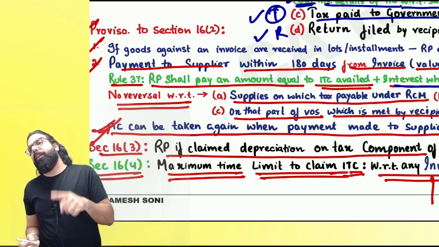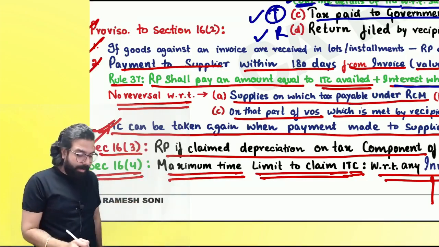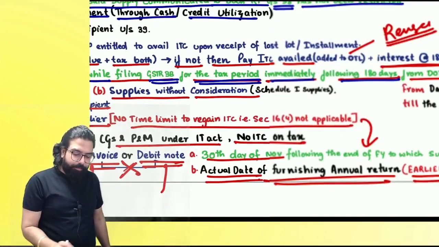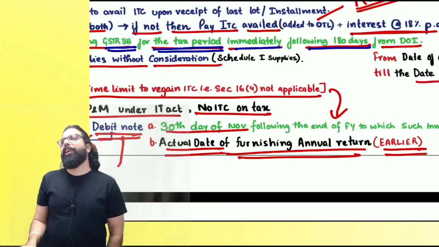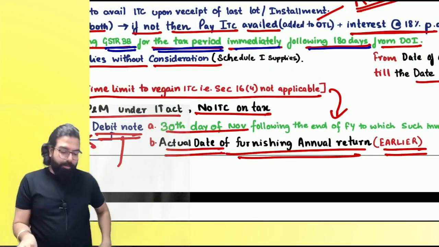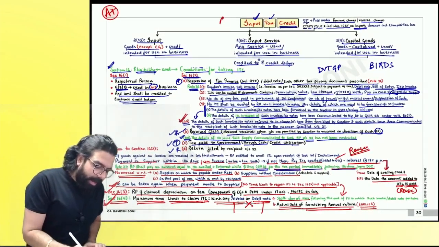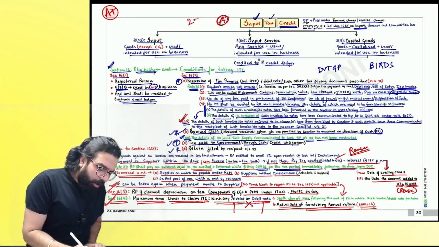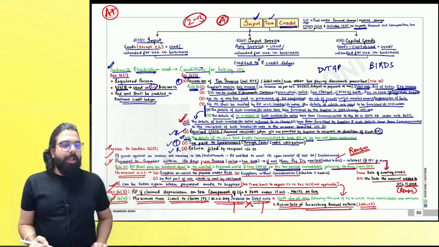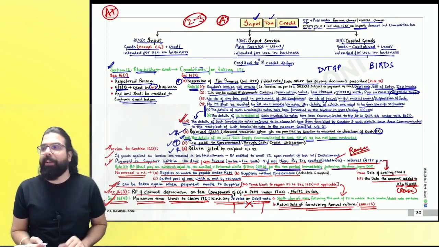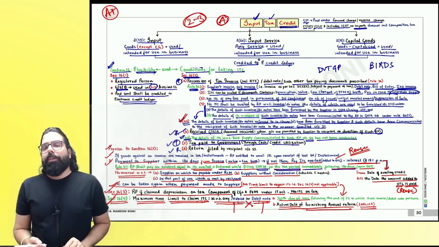If ITC is not taken, then on the tax component, depreciation can be taken. The maximum time limit to take the credit is 30th November or actual date of annual return, whichever is earlier. Section number 16 is a graded chart from the exam point of view, 2 to 3 marks. They should go ahead and ask. I'll close my discussion on section number 16.